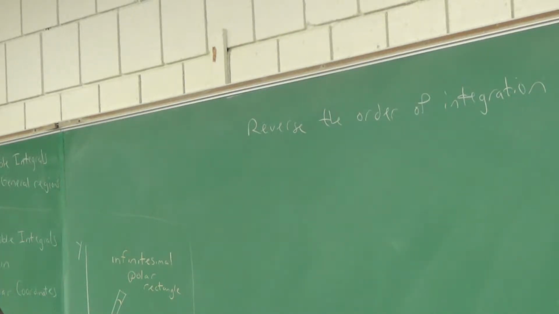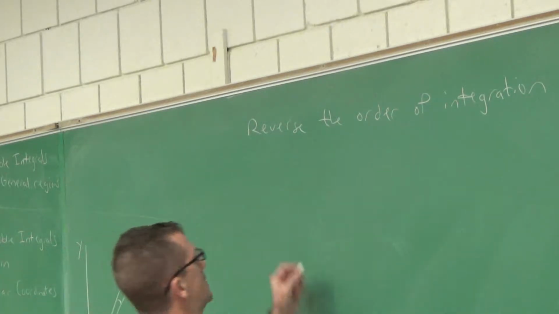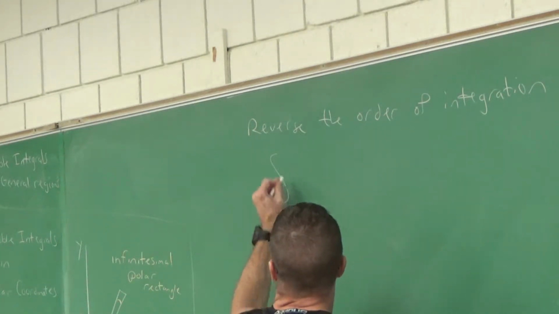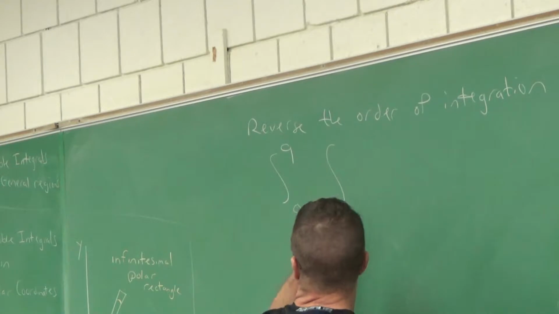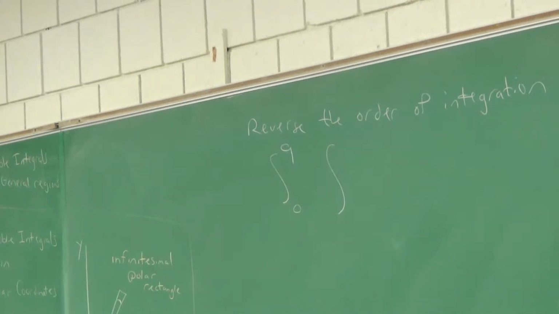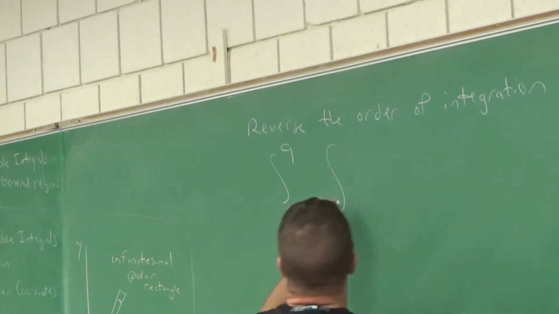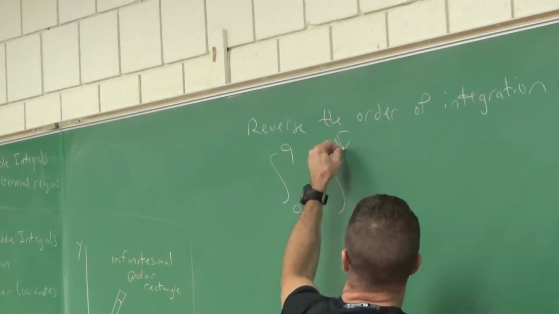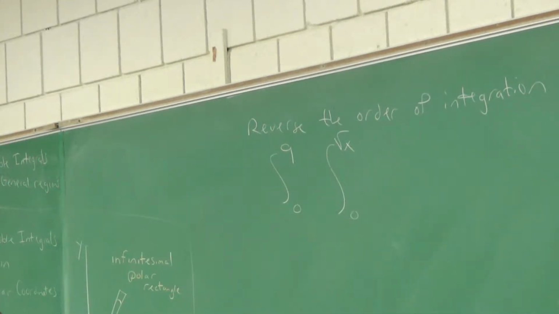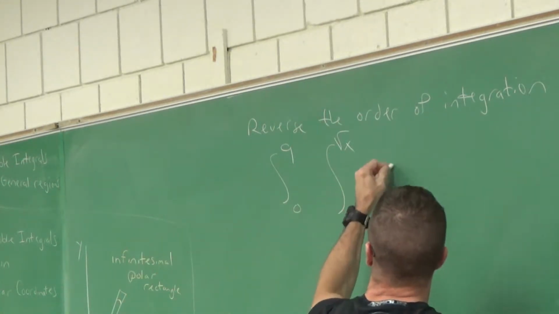So, x goes from 0 to 9, y goes from 0 to square root of x, of some function of x and y.